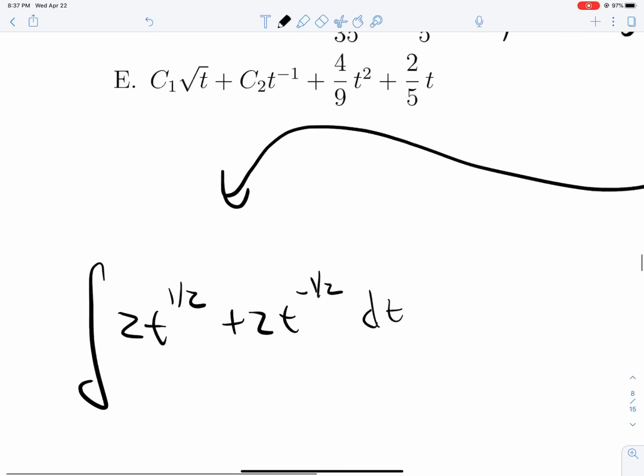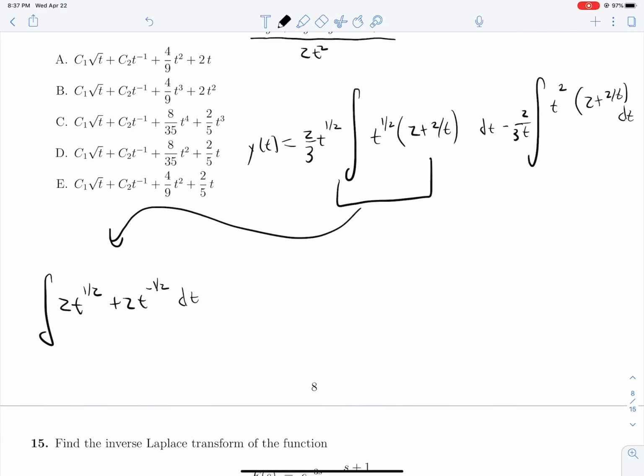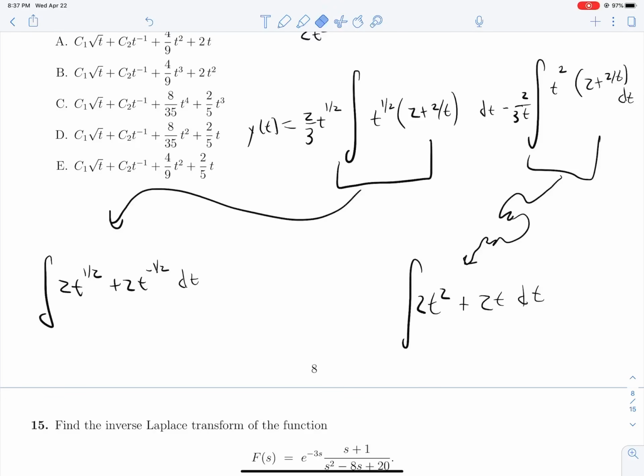This is a snazzy looking integral. It's pretty cool. And then over here, taking this integral down, we have the integral of 2t squared plus 2t dt. Let's compute the easy looking one first.